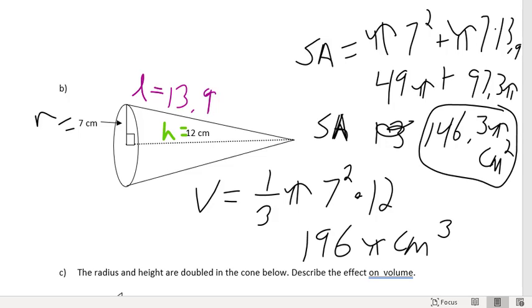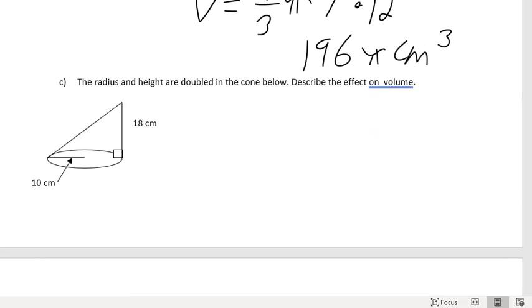All right. And our last example, we are going to find the radius and the height. If the radius and the height are doubled in the cone, describe what happens to the volume. So let's find the volume of the original. 1/3 pi, radius is 10, so 10 squared.